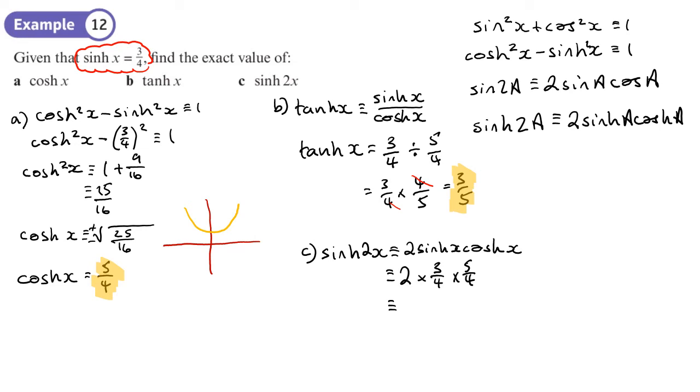So that will give me 2 times 3, 6, times 5, 30/16, which I can simplify by dividing everything by 2 to give me 15/8.